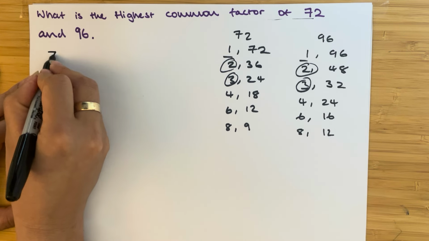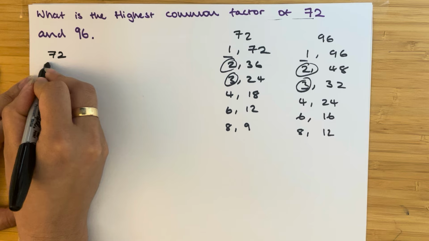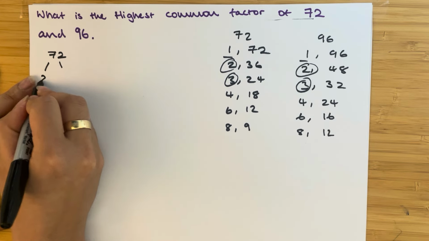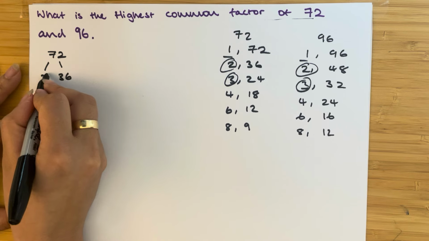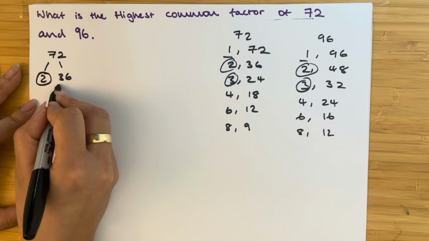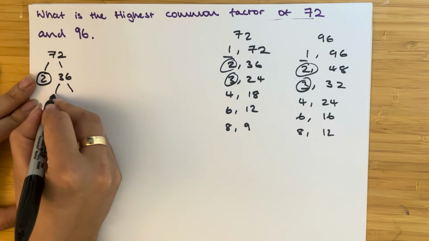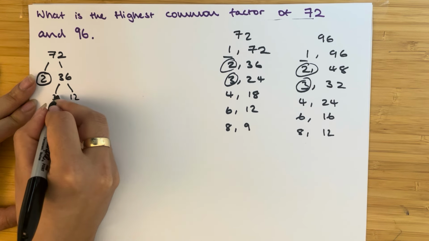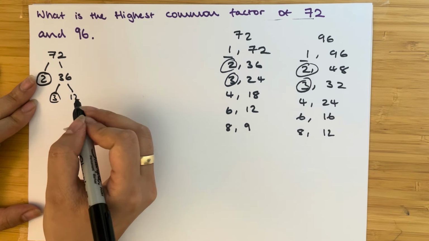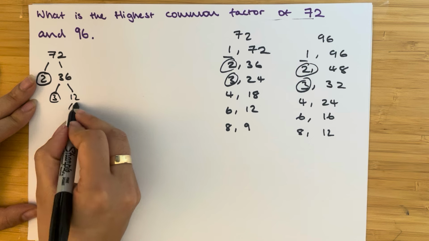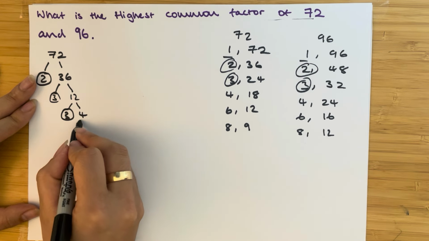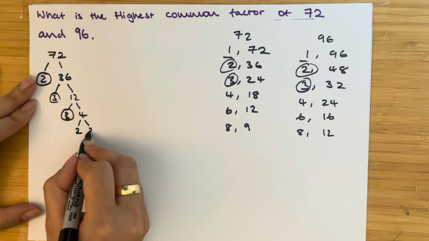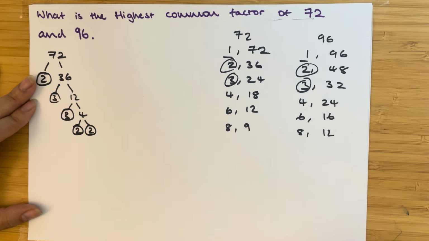So for 72, there is 2 and 36, got that from here, and 2 is a prime, so I circle it, and then 36, 3 and 12. 3 is a prime, circle it. 12 is made up of 3 and 4. 3 is prime, circle it. 4 is not. It's made up of 2 and 2, which are both prime.